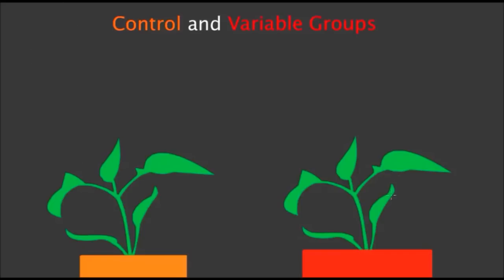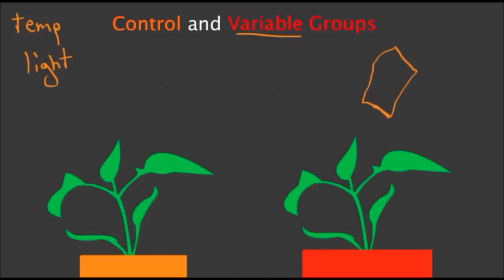So both of these houseplants will be exactly the same temperature, and they'll get the same amount of sunlight, but there'll be one difference, and that is called a variable. And so this plant over here would be the variable group, and this plant over here will be the control group. And the one thing that we're going to change in this experiment is I'm going to see if giving my plant a half a cup of energy drink every day will make it grow more.